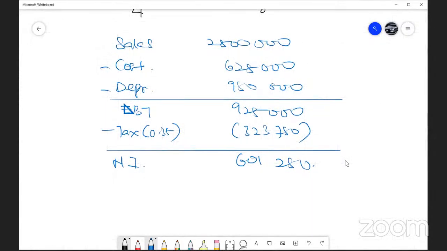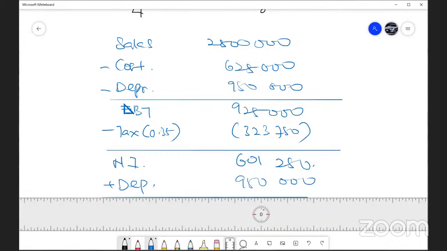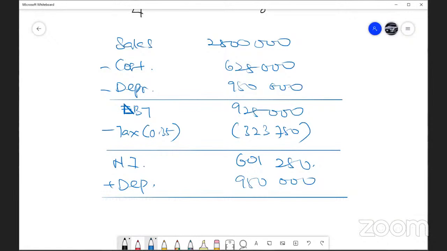So you want to count your cash flow for the next 4 years. Your OCF is net income plus depreciation back, 950,000. You get your OCF of 1,551,250. This is your OCF.